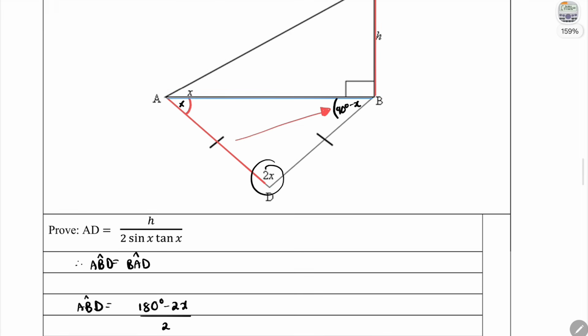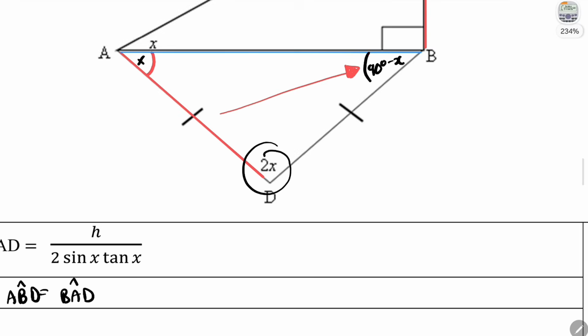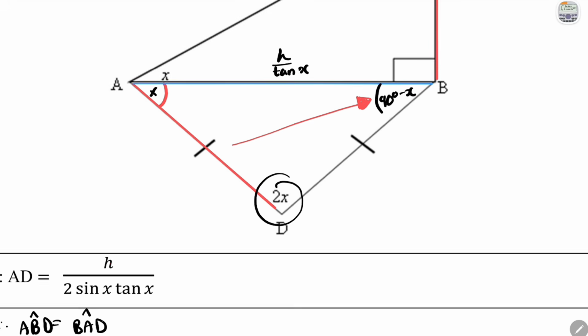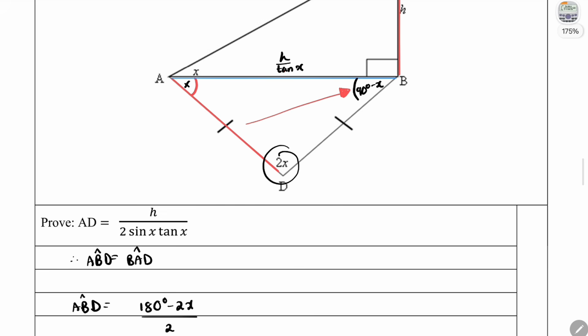And now finally we can use the sine rule here. Since this is h over tan x, using the sine rule, we're simply saying we're trying to find AD. So we'll say AD over sine of the angle opposite it. So the angle opposite AD is that 90 degrees minus x.